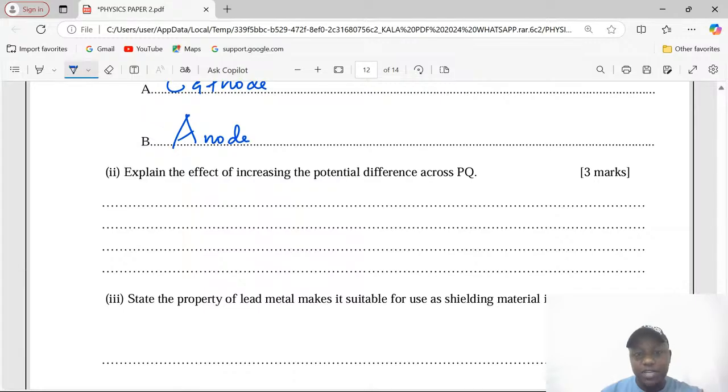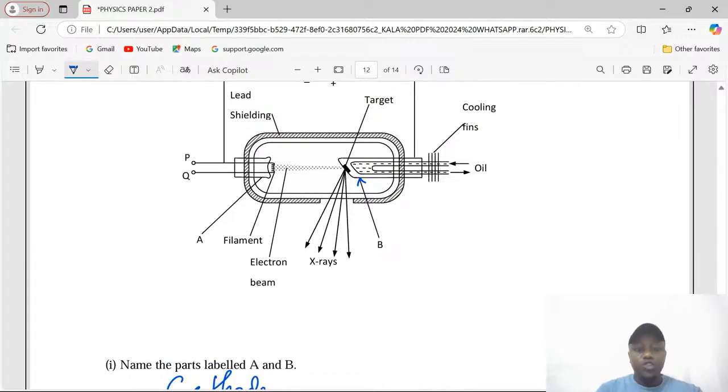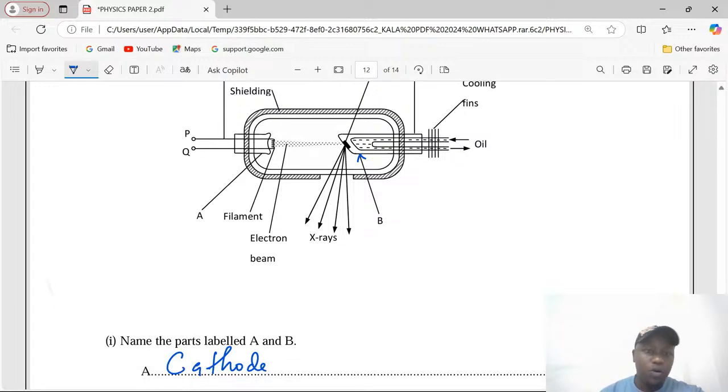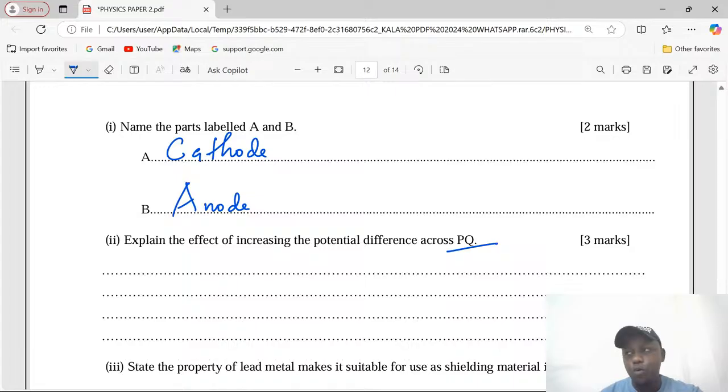Explain the effect of increasing the potential difference across PQ. So across PQ, that is the potential difference which is giving us current at the filament. As you increase the potential difference, you also increase the current according to Ohm's law.